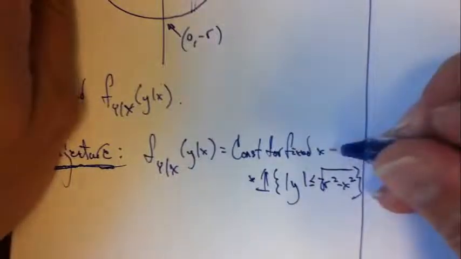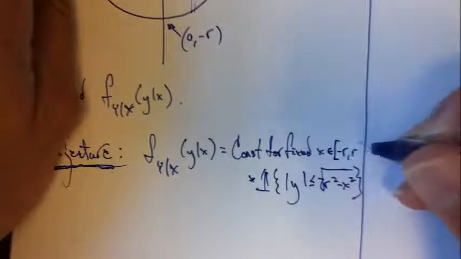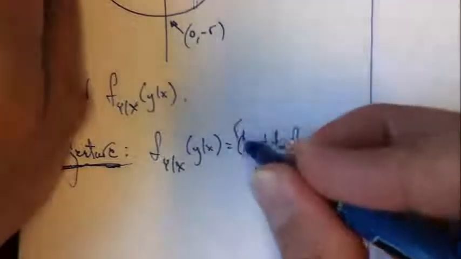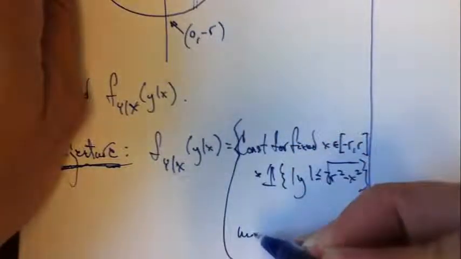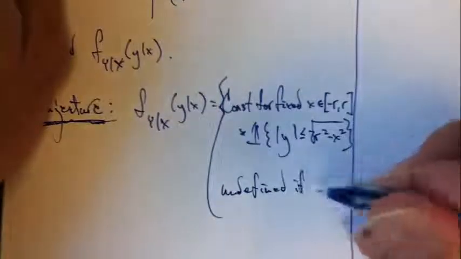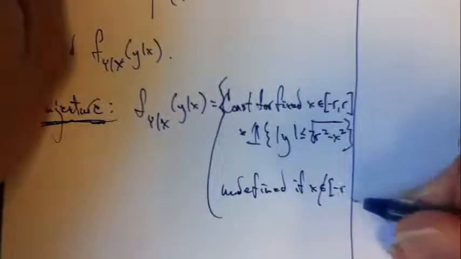And I need to also stipulate that x needs to be between negative r and r, I think. Yeah, in fact, so maybe I should say undefined if x is not in the closed interval negative r to r, right?